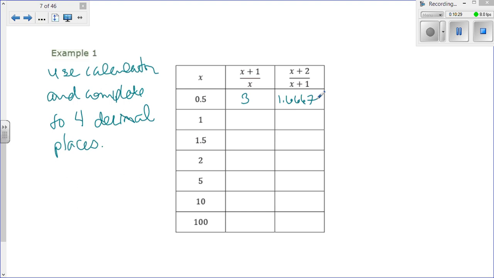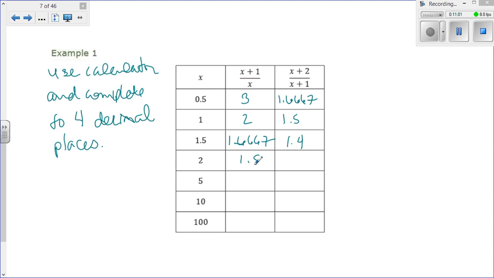If I substitute 1 into my fraction for x, and I simplify, I will get 2. If I substitute 1 into this fraction for x, I will get 1.5. If I put 1.5 into this fraction, I will get 1.6667. And if I substitute 1.5 into my second fraction, I will get 1.4. If I substitute 2 into the first fraction, I will get 1.5.